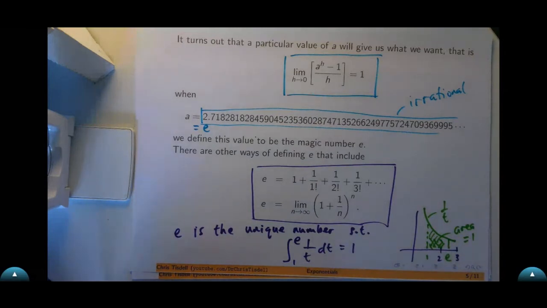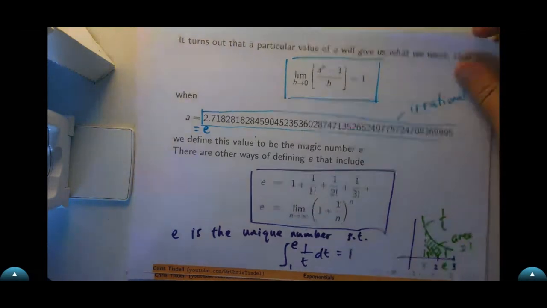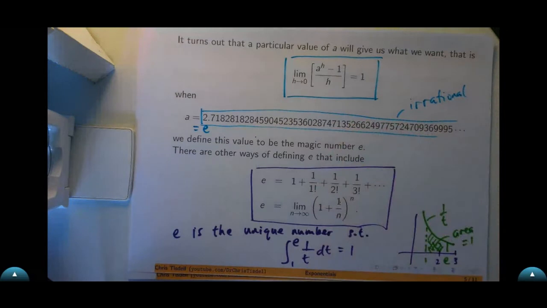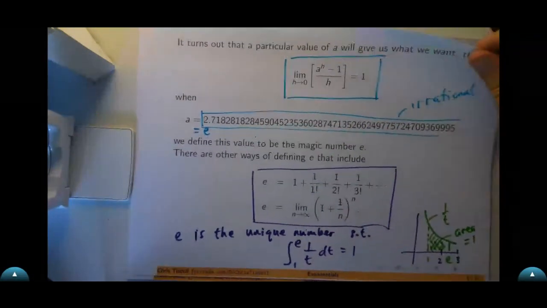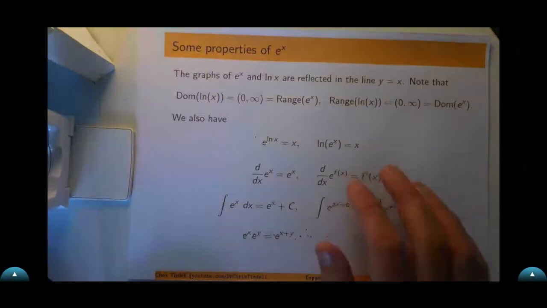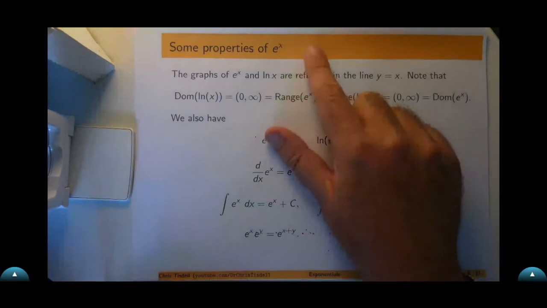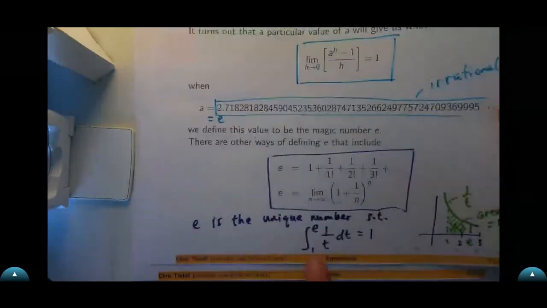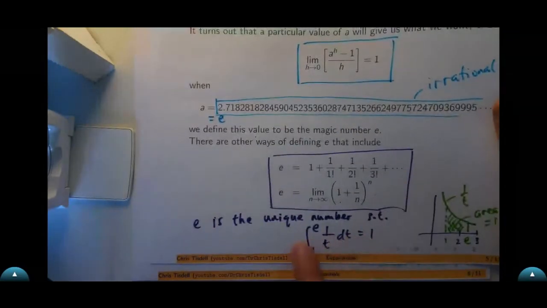So how good is it? e is a magic number. You might not have seen this before, but it's really cool, right? You've probably used and worked with the exponential function before, and these properties will probably be familiar, I suspect, but you may not have seen this kind of derivation before.